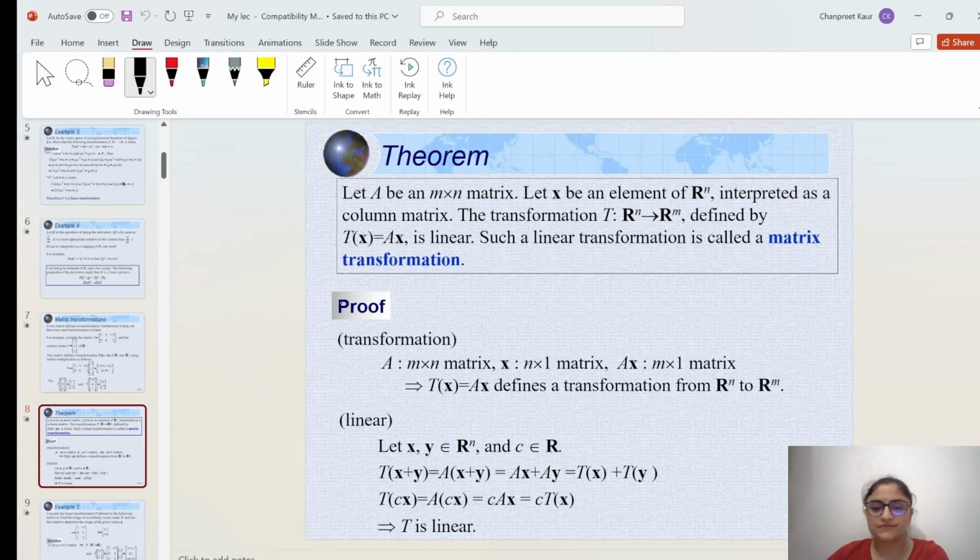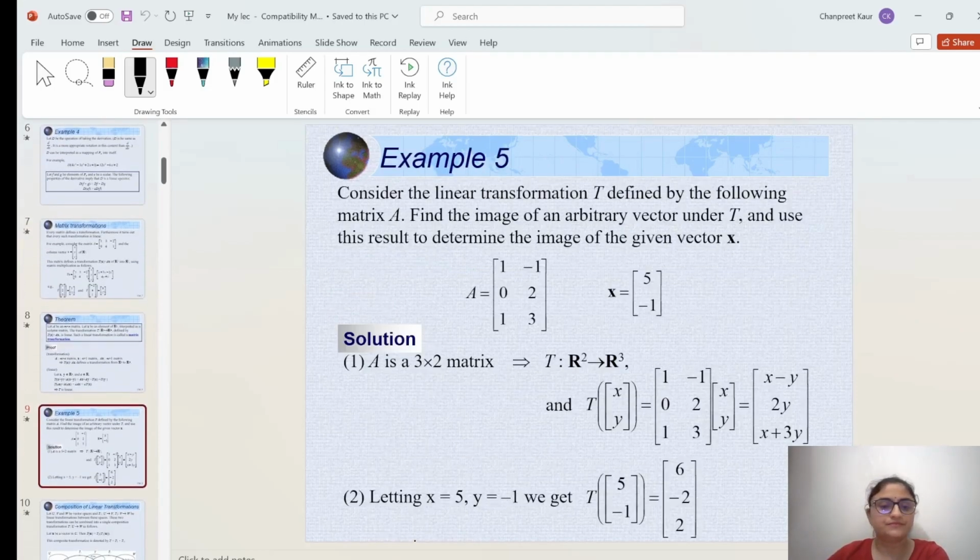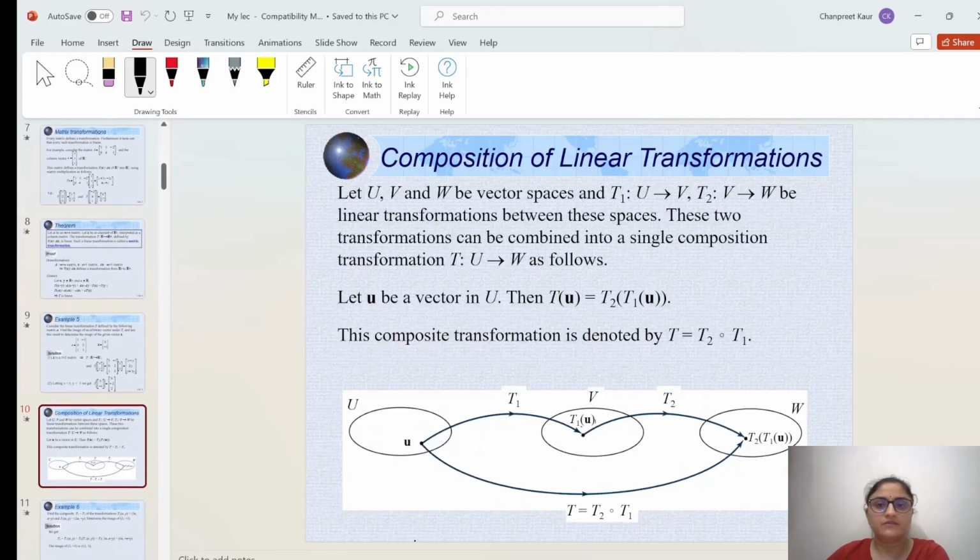It is also called a matrix transformation. It is very trivial to see that Tx equals Ax represents a linear transformation. We can simply check these two properties, and hence we can say that it is a linear transformation. This is a simple example, so I'm just leaving it for the time being.